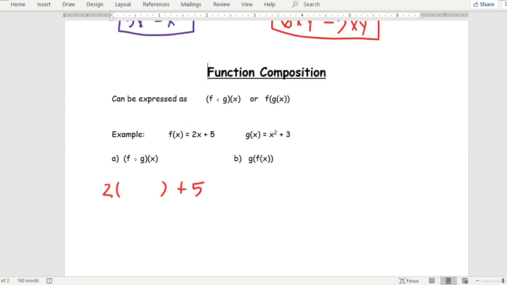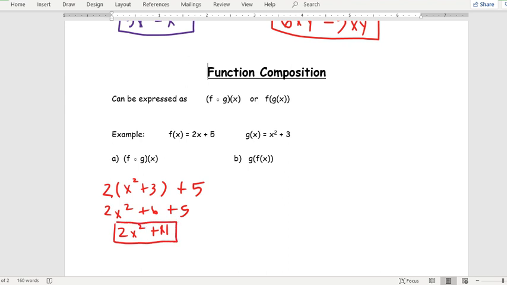So in place of this x, as the input is going to be the g function, so x squared plus 3 goes in the f function. So that gives us 2x squared plus 6 plus 5. So we have 2x squared plus 11 for f of g of x.